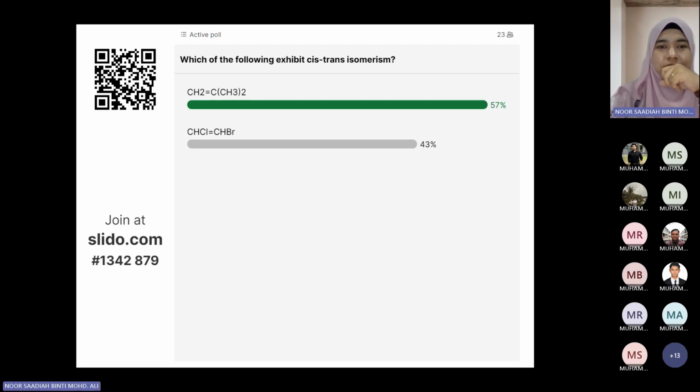Siapa yang jawab option pertama? Kenapa pilih option pertama? I have the data.